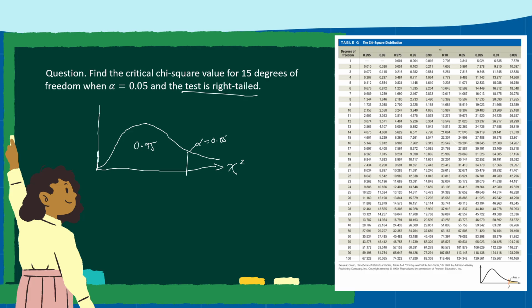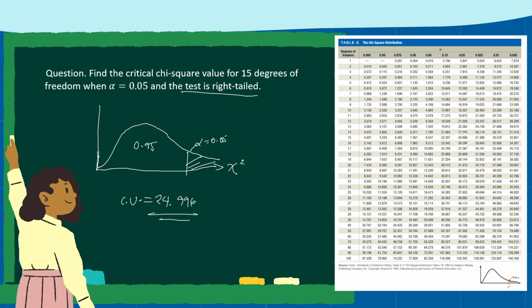Here, our critical value is 24.996. So this is our critical value for the chi-square with 15 degrees of freedom when alpha is 0.05, and the test is right-tailed.